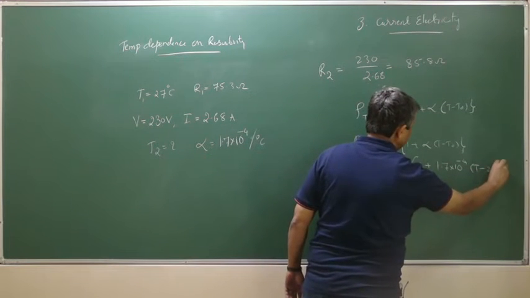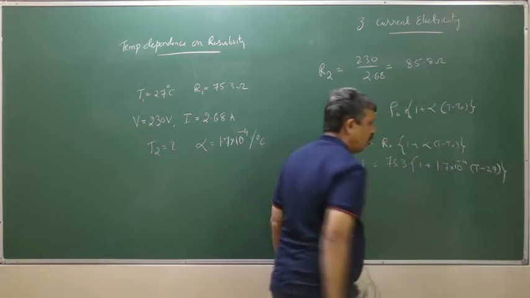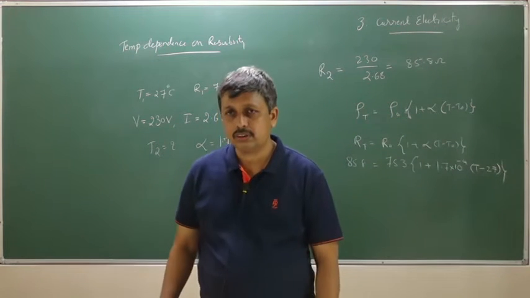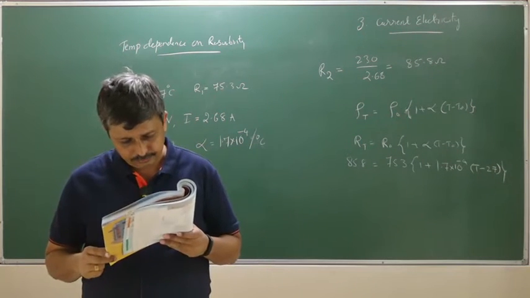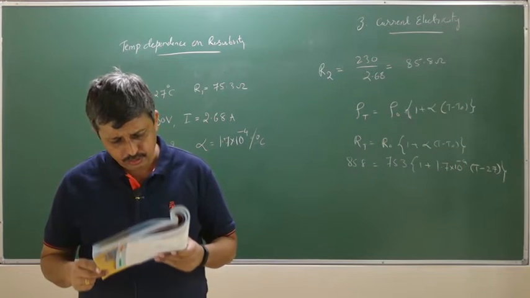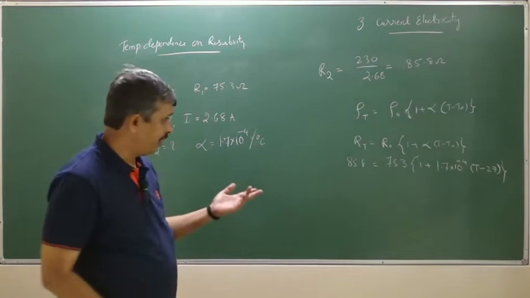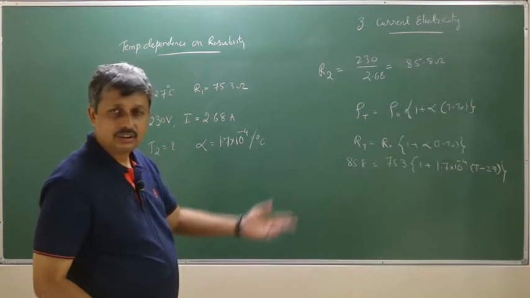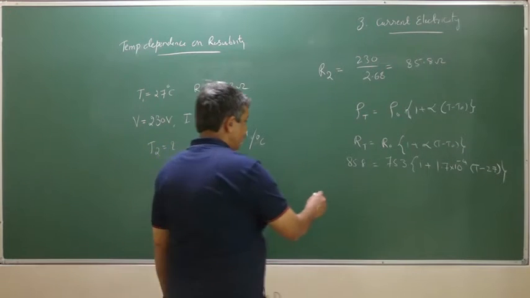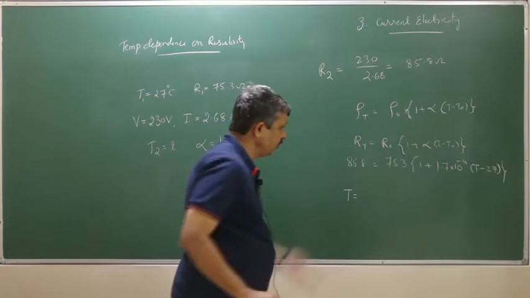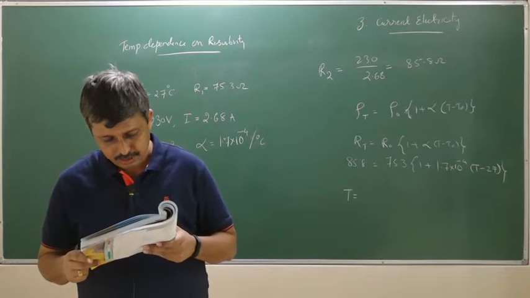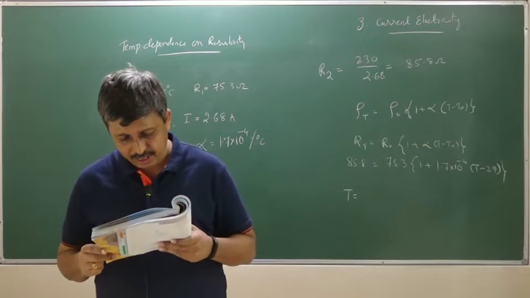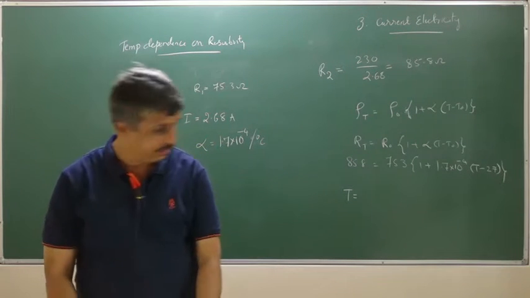T naught is 27. So we can simply go ahead and calculate the value for T. When you calculate this, I hope you can do the basic arithmetic, it will turn out to be equal to 847 degrees centigrade.